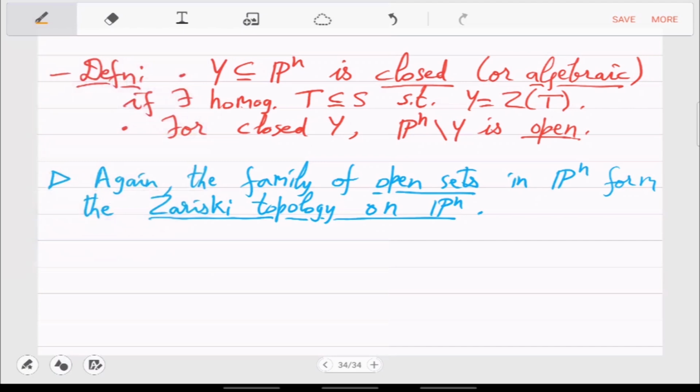So whenever we draw pictures like this, with point P and this neighborhood, this ball, in reality the ball is actually a ball, but over a finite field what we are saying is that this is some open set U, a subset of P to the n, it is open, where open means this: you have to find a system of homogeneous polynomials T, take the zeros of T, and take the complement. That is what U is, and it contains the point P, so these are the neighborhoods.